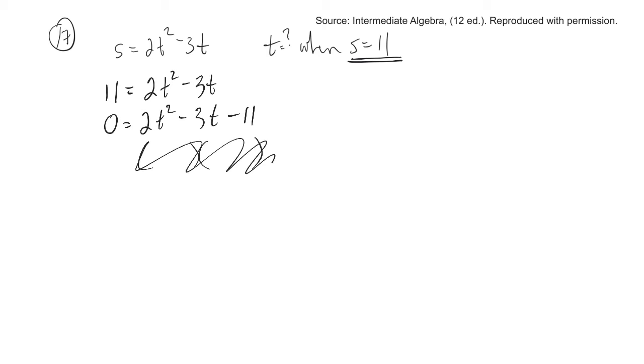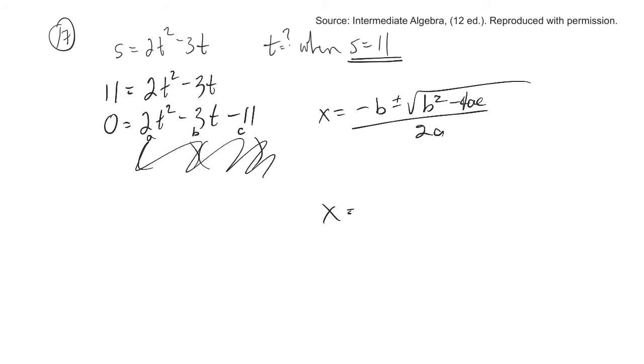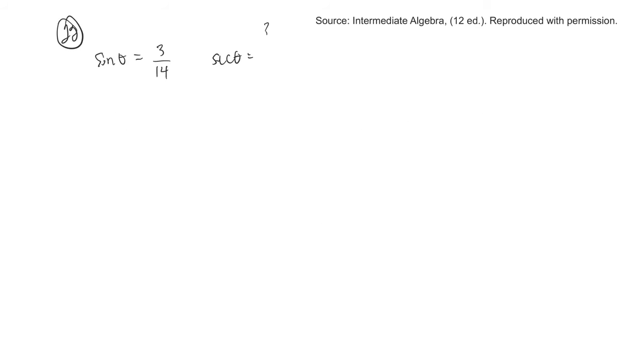I don't think I can factor that one either. So if you can't factor, away you go, quadratic formula again. A, B, and C. Plug them in and solve for x.